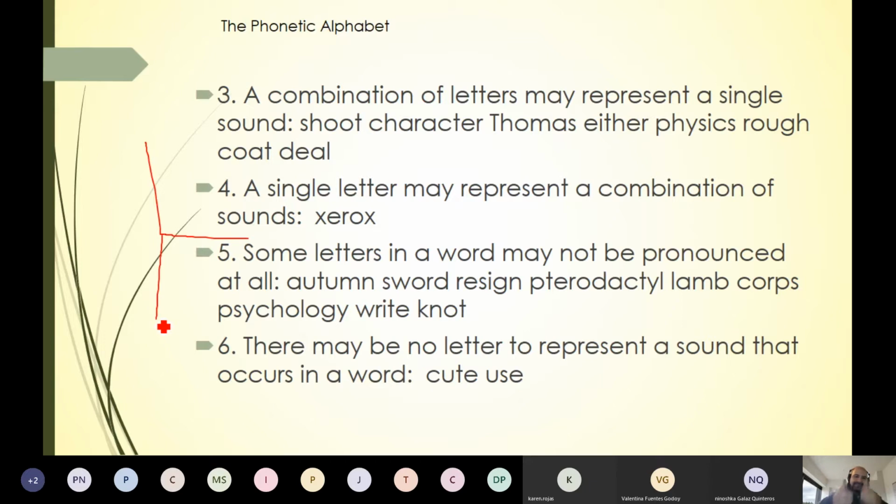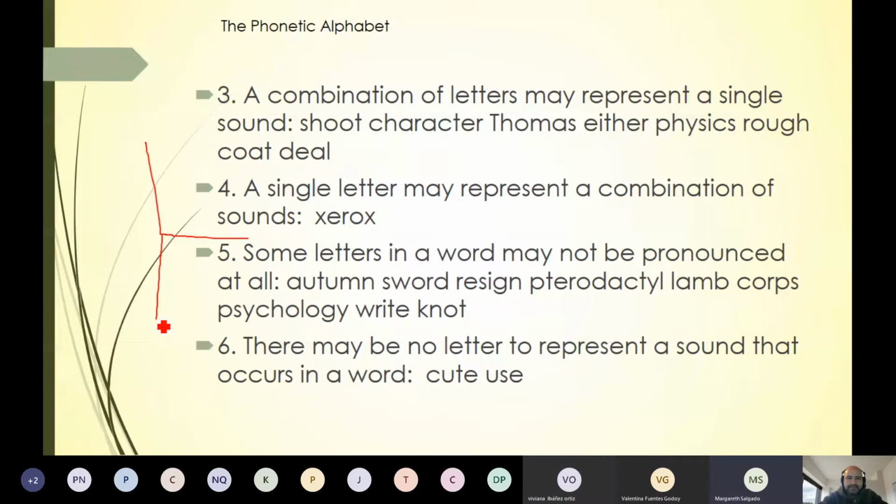Three. A combination of letters may represent a single sound: character, Thomas, either, physics, rough, coat, deal. Four. A single letter may represent a combination of sounds: Xerox.